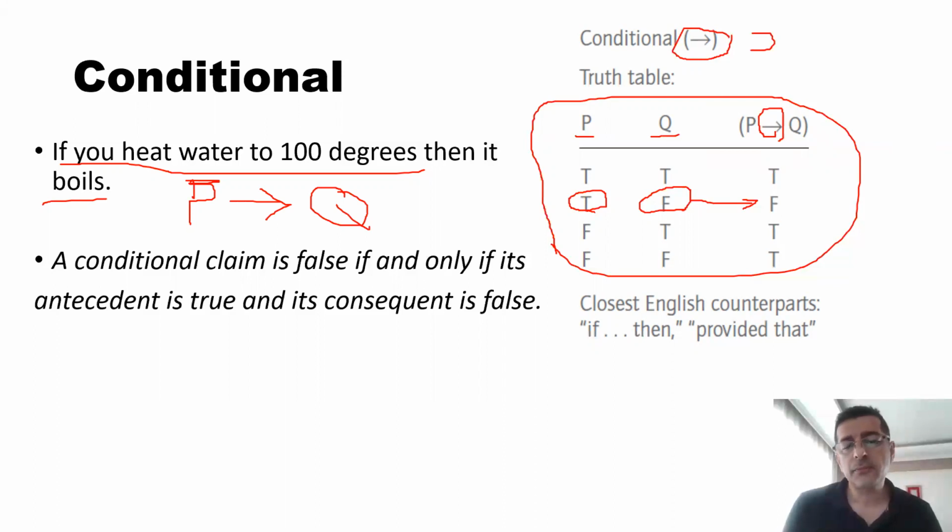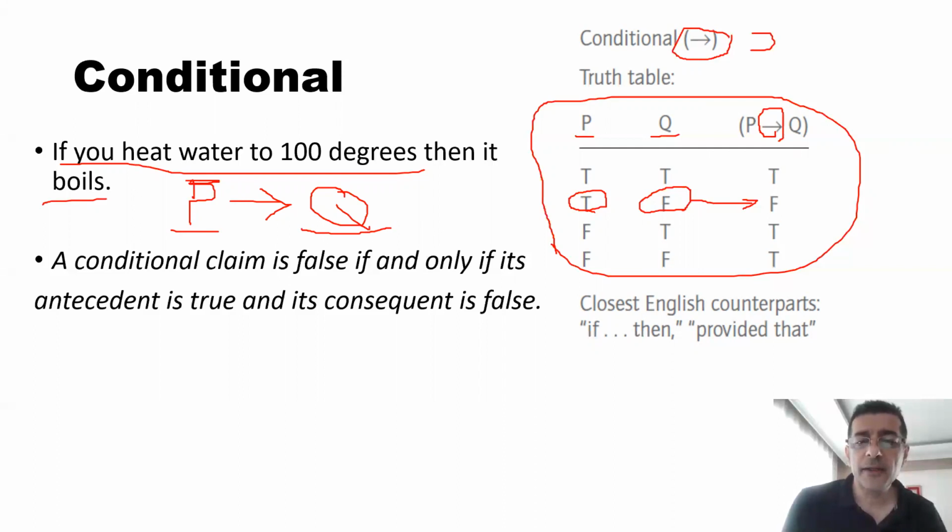So now P represents heating and Q symbolizes boiling. Now, there are a few things I should mention here because as we move on, we might have to use them. One, as I mentioned earlier, and also right here on this slide, the first event, P, is called the antecedent, and the second one is called the consequent, right? Okay.